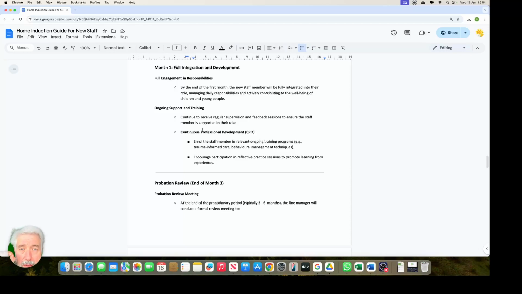But it should show by the end of your probation period that you have managed to tick off everything that we'd set out at the start of this induction period and this probation period. That you have all the competencies there, that you've had a chance to experience everything, and that we've been able to set some real goals for the succession planning.